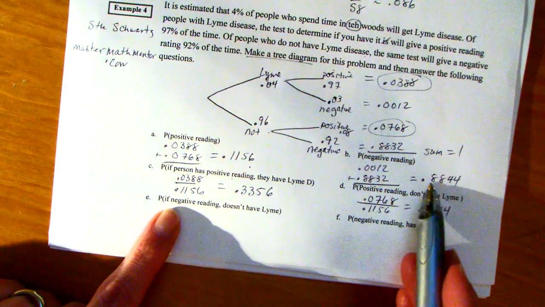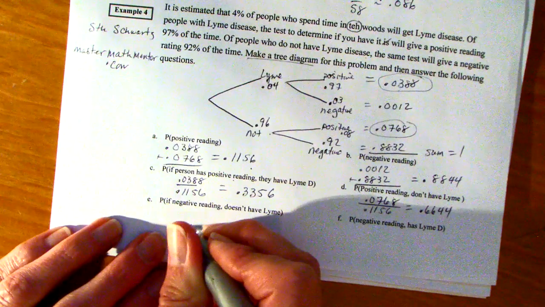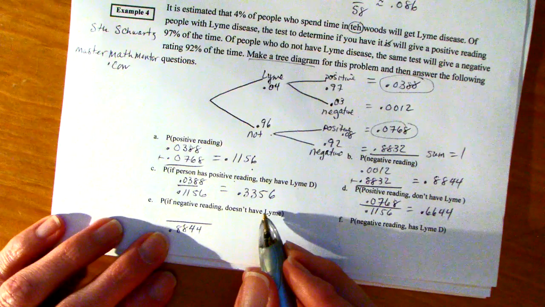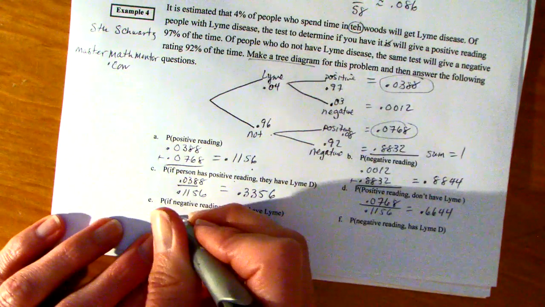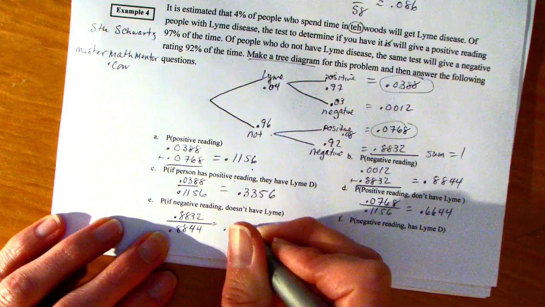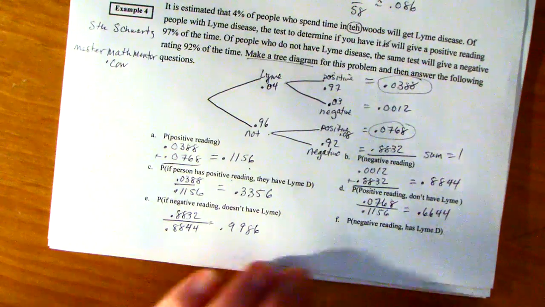This will be my new bottom number, 0.8844. That you don't have Lyme disease. So 0.8832, we do not have it, 0.8832. And you'll get 0.9986, so that's most likely to happen. You get a negative reading given you don't have it.